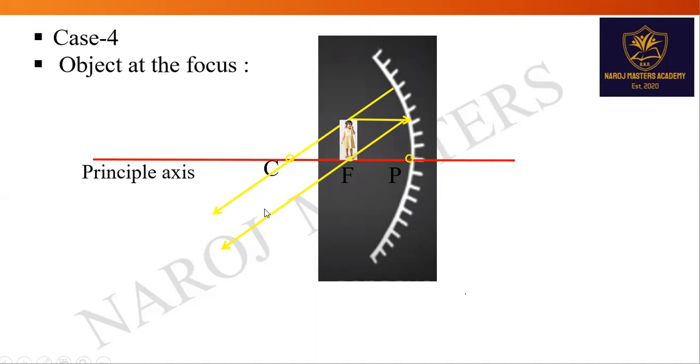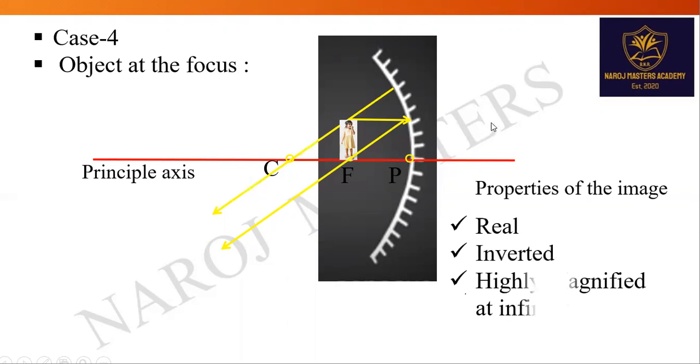They never meet. If we extend these light rays behind the mirror also, they never meet. So there is no chance of forming the image here. In this case, the properties of the image are real, inverted, and highly magnified at infinity. We are assuming that the image is formed at infinity in this case.